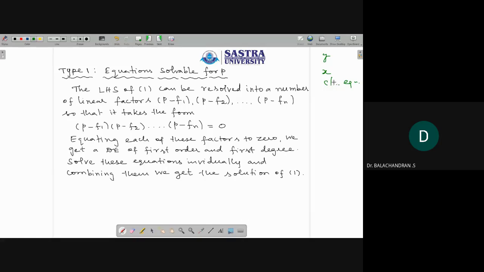You need to practice for that, because some problems you can solve for p only, some for p as well as x, some for p and y, and some by solving for x or for y.